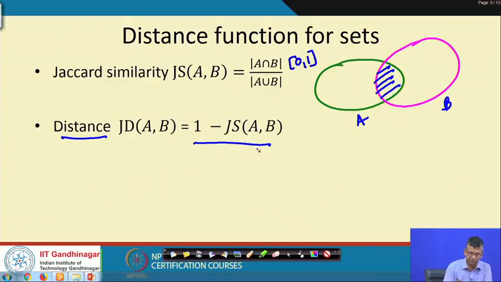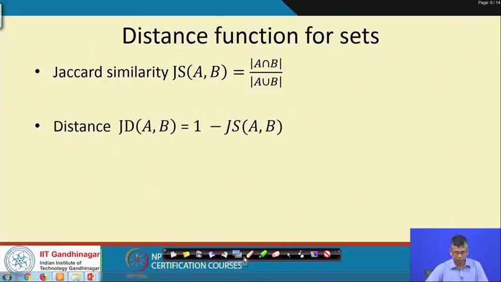That is, Jaccard distance of A with itself would be 0, Jaccard distance of A with B is the same as Jaccard distance of B with A, and more importantly, it obeys the triangle inequality. That is not so obvious to see for Jaccard distance, but it does. And that is actually going to turn out to be fairly important.